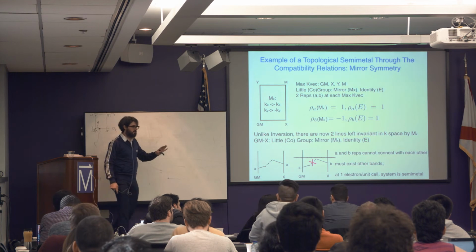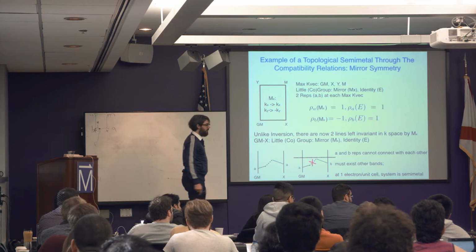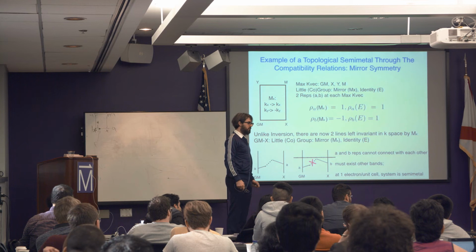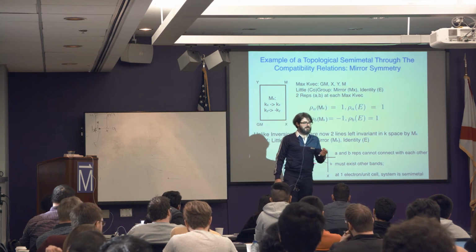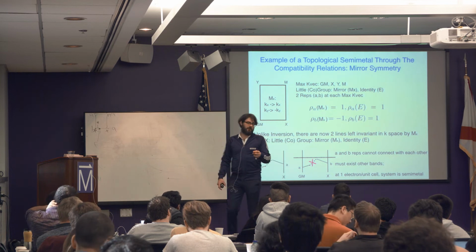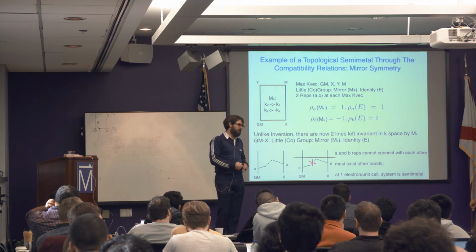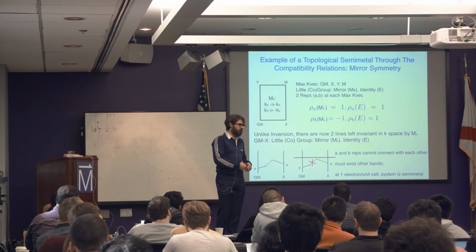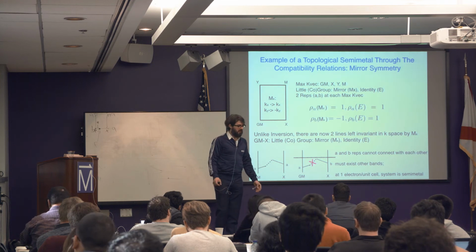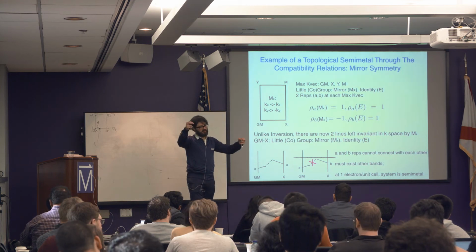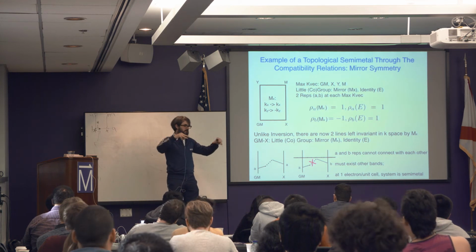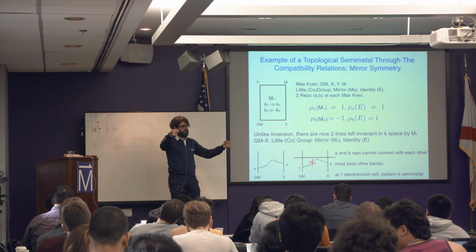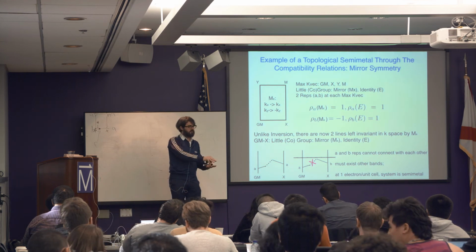Yes? Sorry. If you check all possible cross-sections for the most general group that I have, not only gamma to X, there's a list of lines and planes in the Bilbao Crystallographic Server that also tells you what you need to check. You don't need to check all of them. There are only maximal k points, and this is representation subduction, because you're going from a high symmetry group of points to a low symmetry group of points.